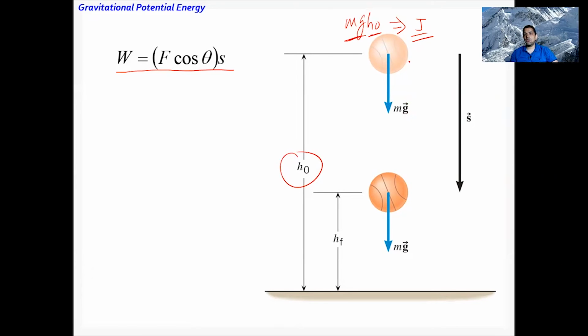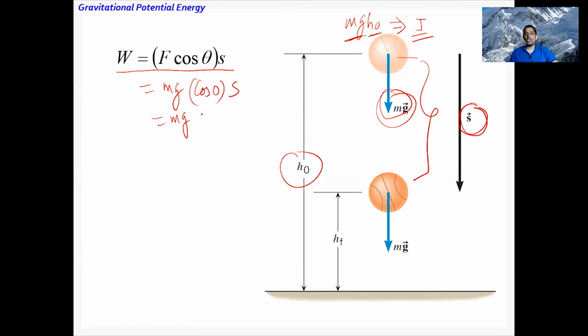Suppose you let the ball fall through the displacement s, then your force is mg, and the mg is acting down and s is in the downward direction. That's why the angle between them is 0 and cosine 0 is 1. So s is s, right? So mg s. But this s can be written as h0 minus hf.